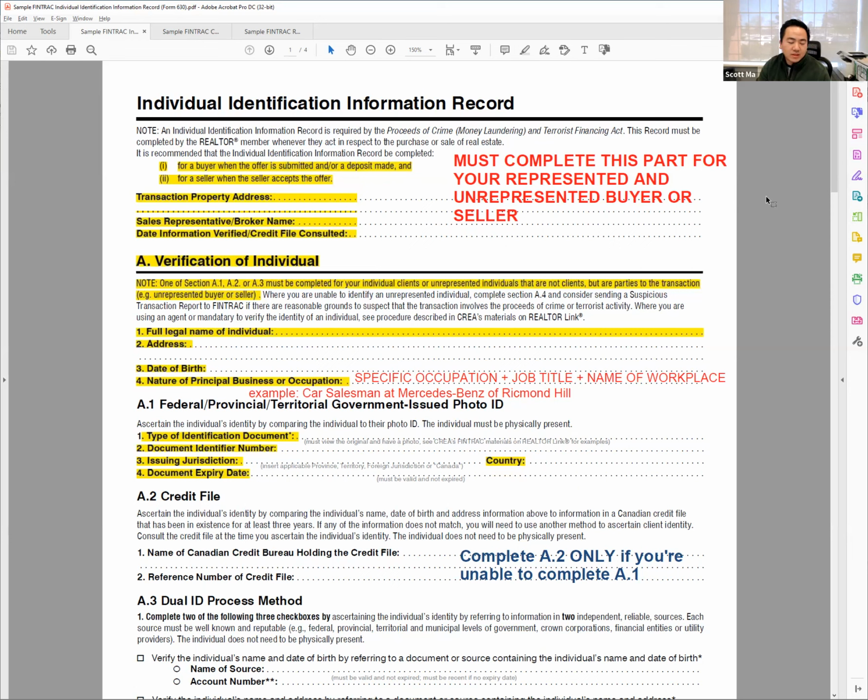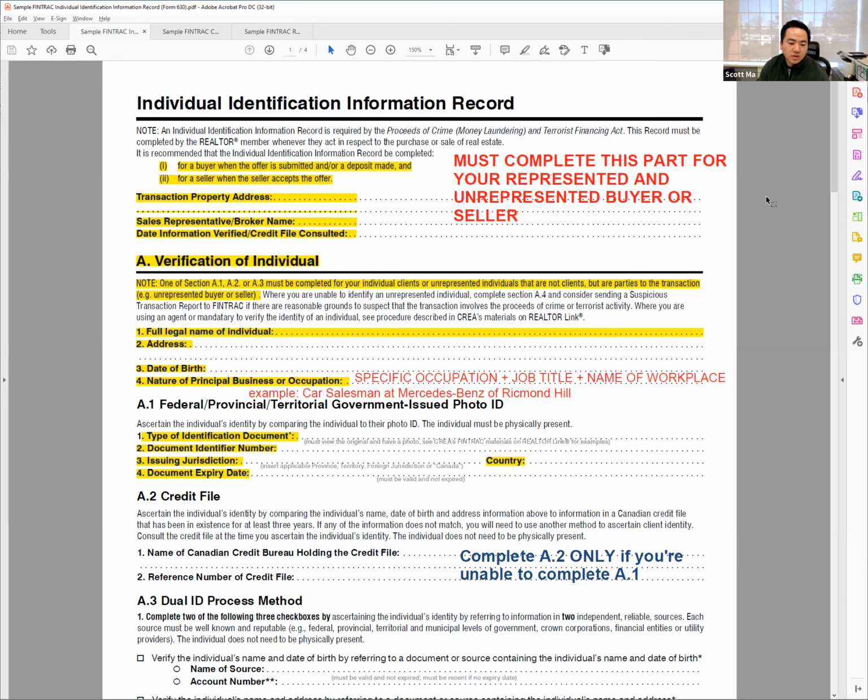And FINTRAC basically is the government agency that oversees the implementation of Canada's anti-money laundering and proceeds of crime statute. So that's a federal piece of legislation. FINTRAC is the agency that enforces this law.